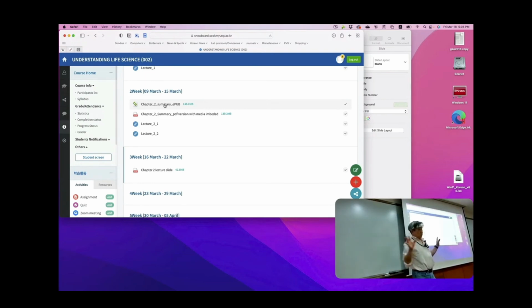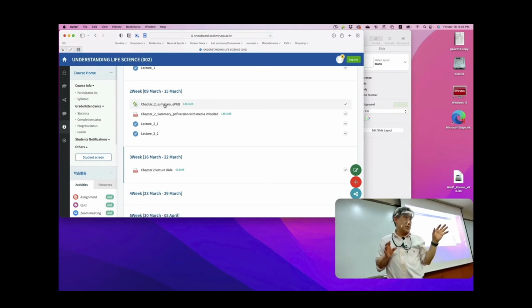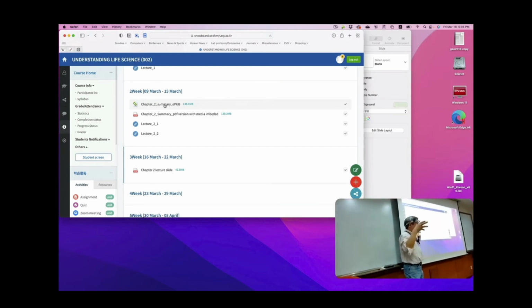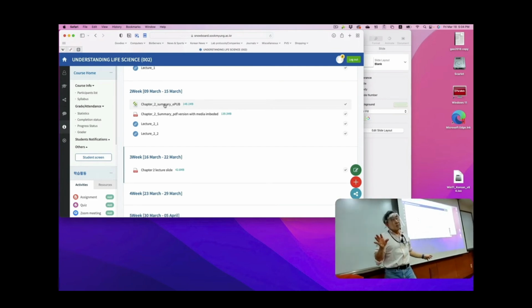By doing so, you can enjoy better graphics and so on. For those who don't have a Macintosh, or who are Windows users, you have this regular PDF version. But I tried to incorporate some of the movies in the PDF version, because our original textbook has really beautiful, elegant graphics and animations, which those without a Macintosh cannot enjoy.